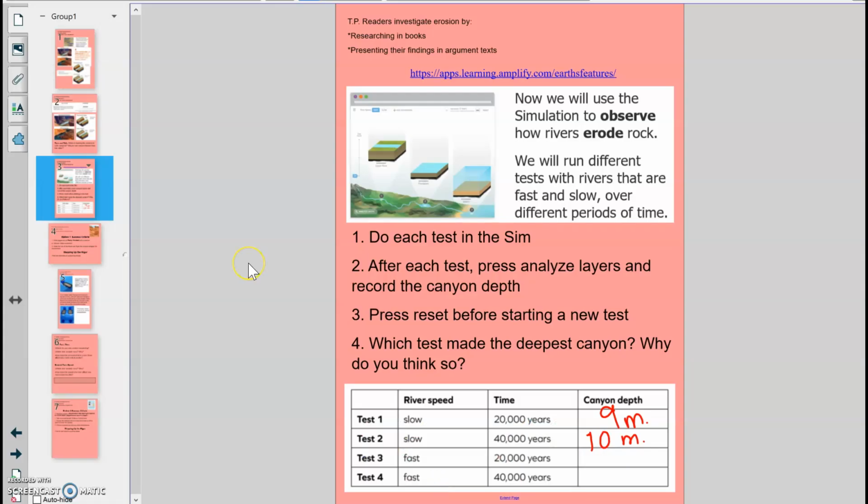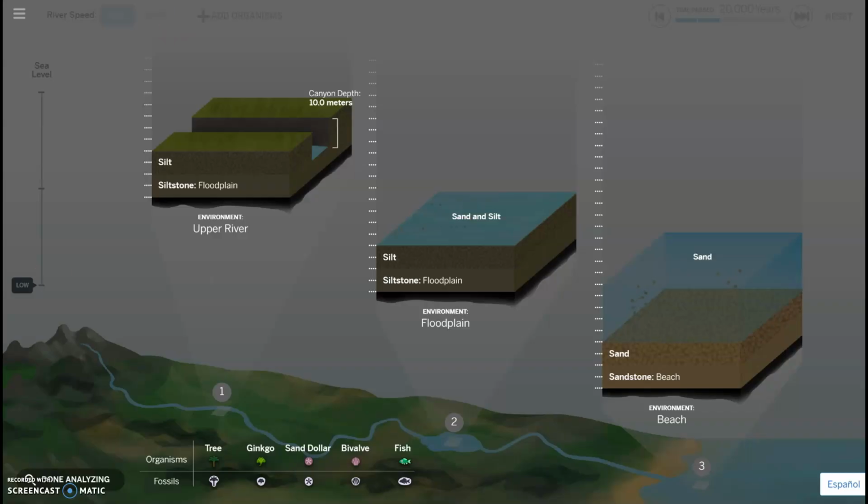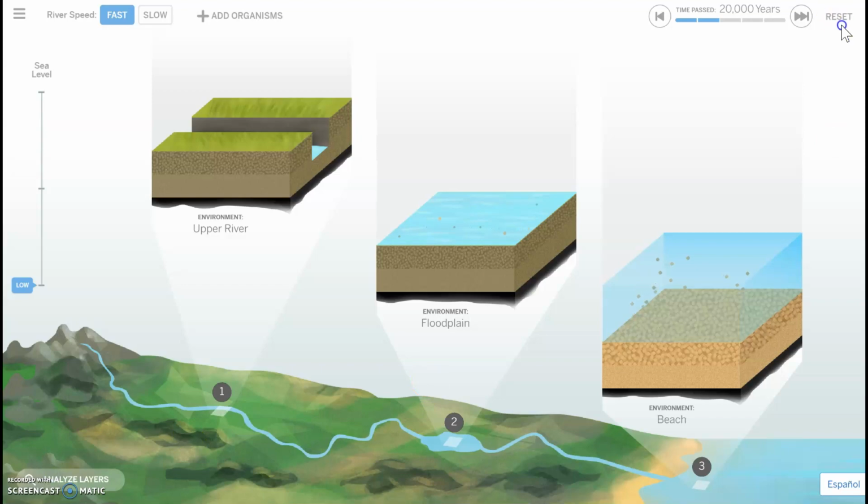Let's go record that. So between test 1 of 20,000 years and test 3 of 20,000 years, test 3 had the deeper canyon. I wonder if that's because we changed the river from slow to fast. So it seems like if the water's moving faster, there's going to be more erosion. Let's do our last test and see if we're right.